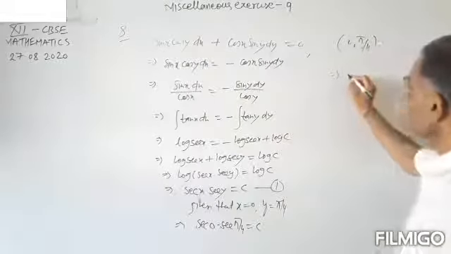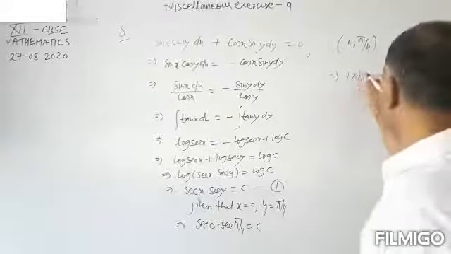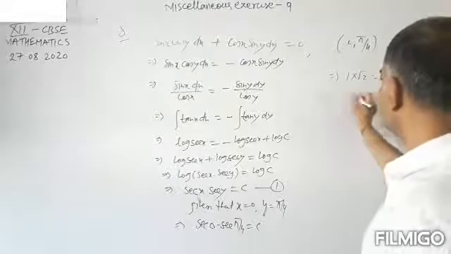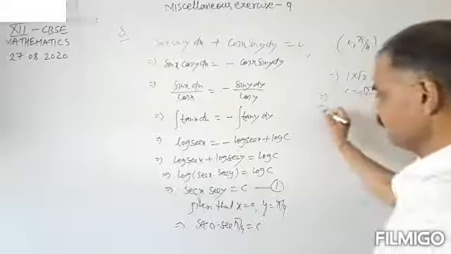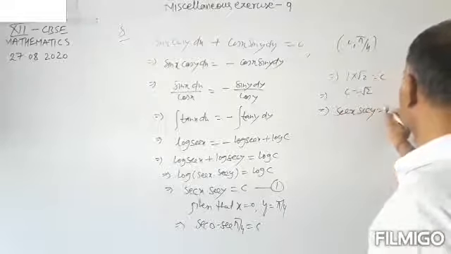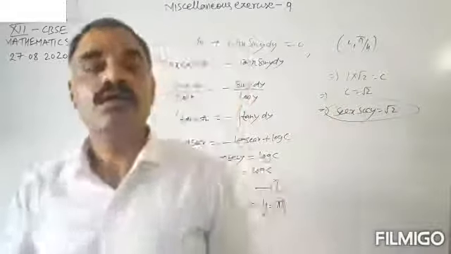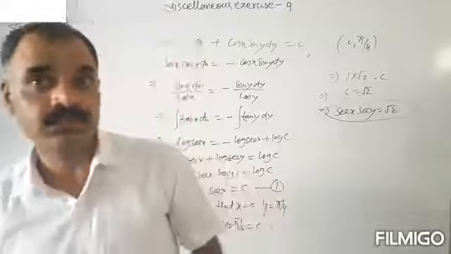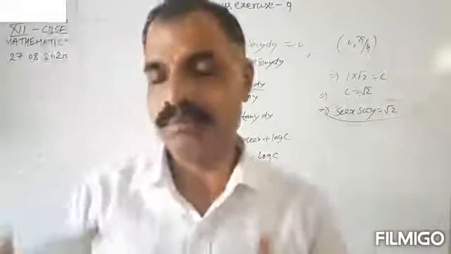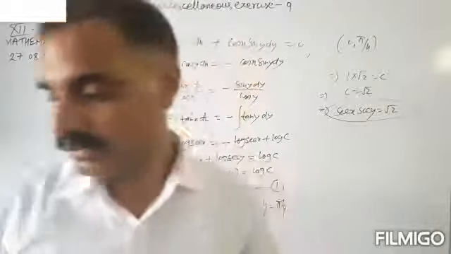Sec 0 is 1 and sec pi by 4 is root 2. So c is equal to root 2, which implies that sec x sec y is equal to root 2. This is the particular solution of the given differential equation.